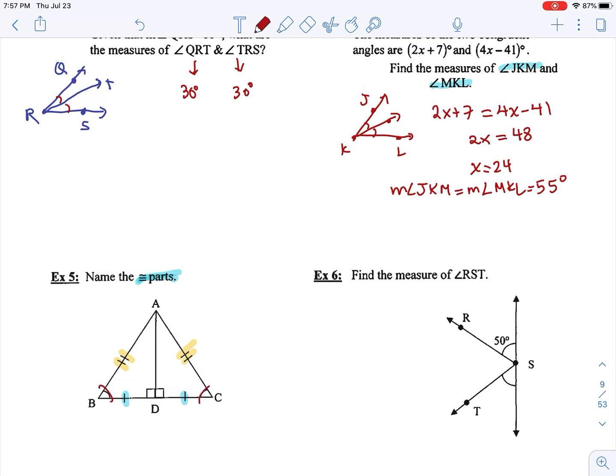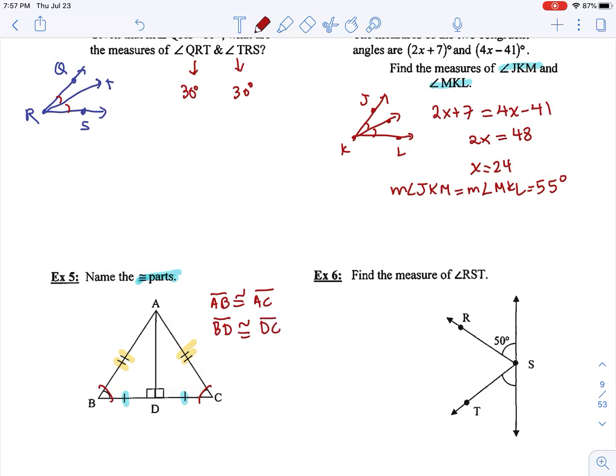And lastly, the angles right here are congruent to each other. So if I were to list out all the congruent parts, I would say AB is congruent to AC according to the diagram. And this is just from what I can derive from the given diagram.